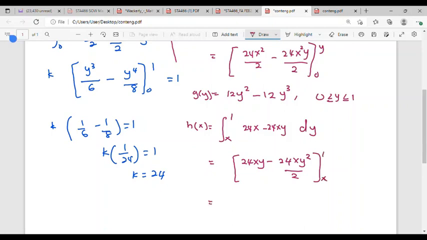So we replace all the 1 and x with y. So 24x minus 12x, right?